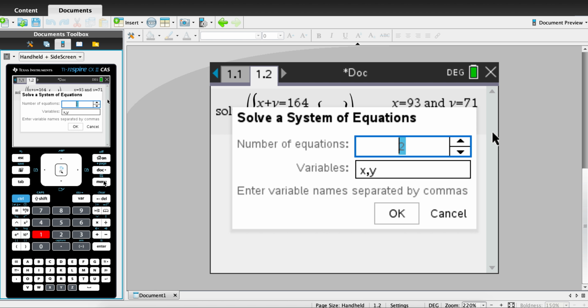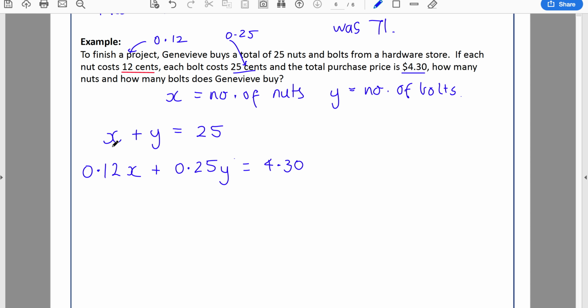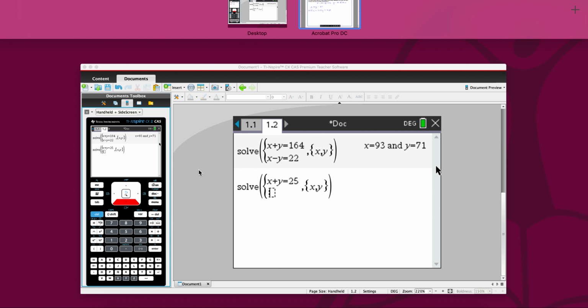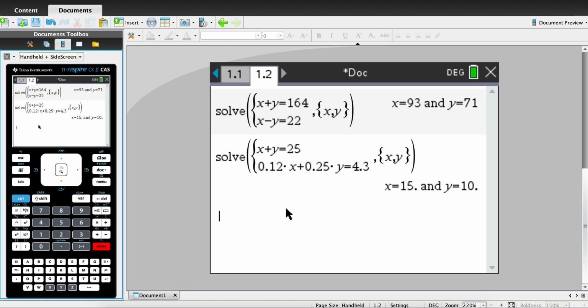Okay, so I've got two equations with x and y: x plus y equals 25, and then 0.12x plus 0.25y equals 4.30. And I get a nice answer here of 15 and 10.